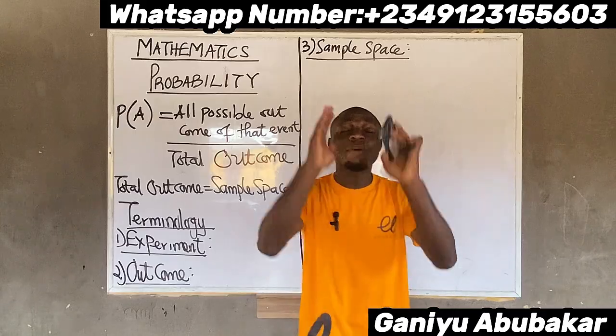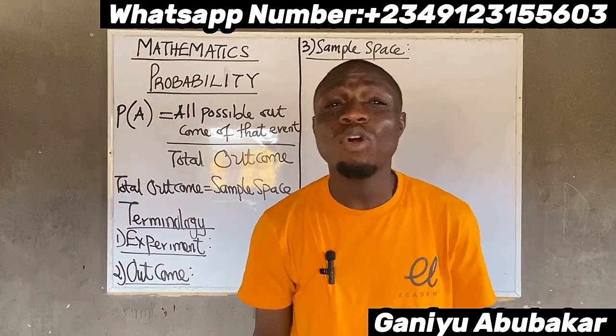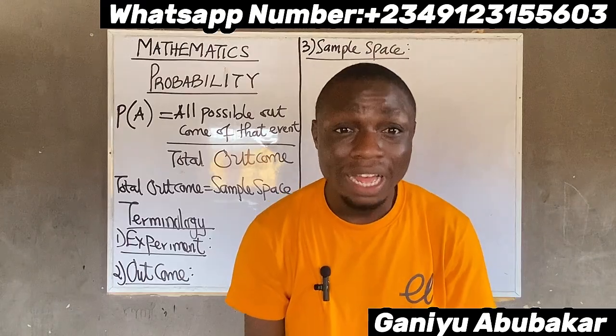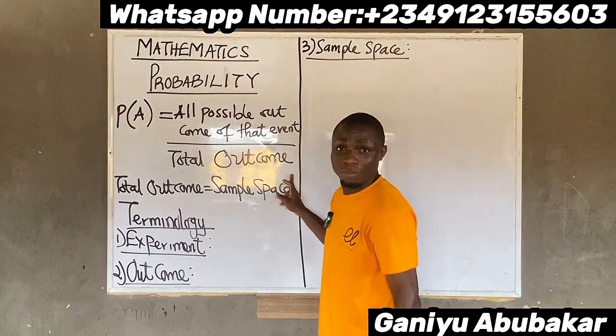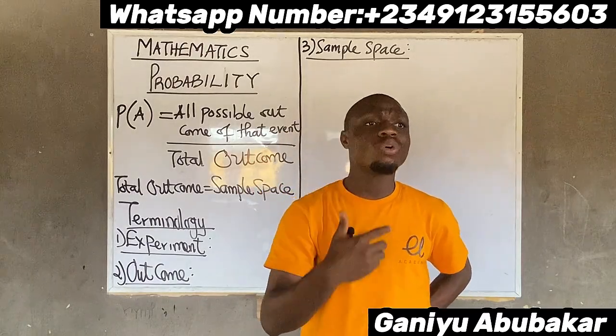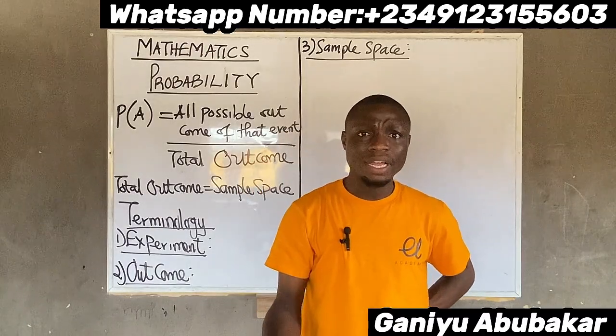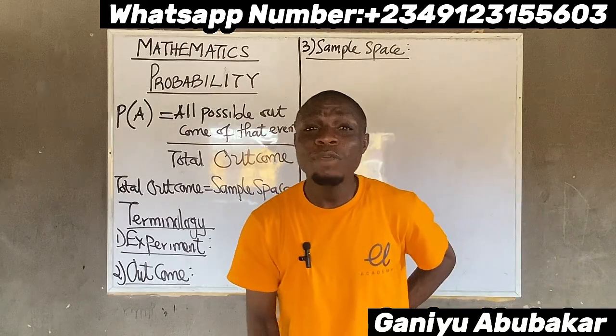What sample space is after is that if I come to the class, I'm not looking at boy or girl. How many are there in total? That's sample space, also called total outcome. If I ask the class, what is your total outcome here? I don't want them to give me, okay, we have 50 boys. No, give me 100.